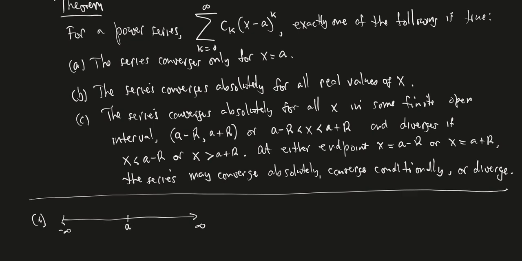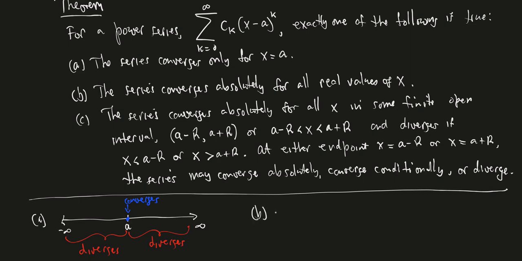And unfortunately, it's only at the center that the series converges. It diverges for every other value of x. So pretty uninteresting. So diverges here, diverges there.